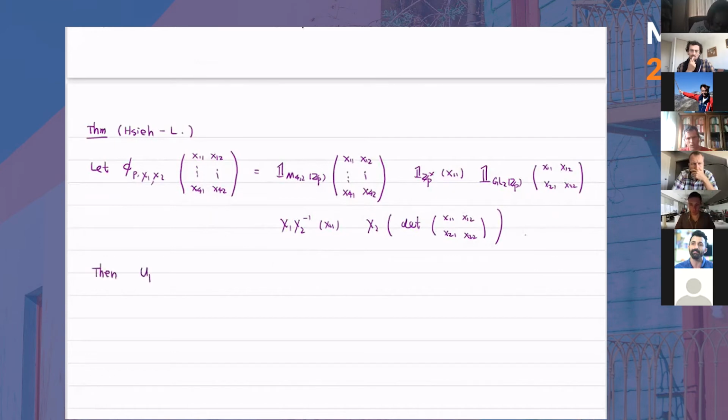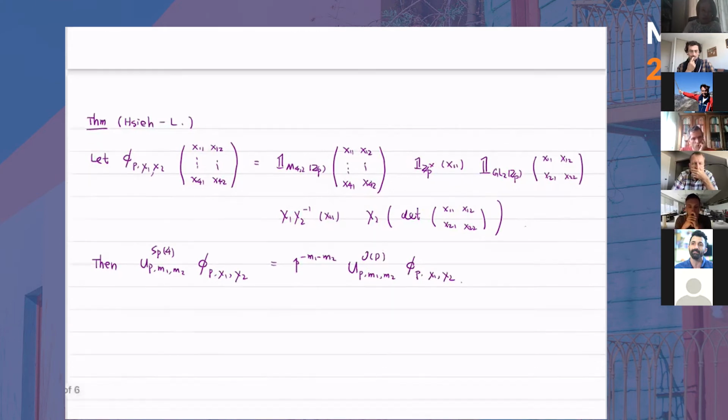If I have the U_p operator from the symplectic group acting on this Schwartz function, actually this is essentially the same as the action of the U_p operator from the orthogonal group. So we have this kind of an equivariance property for the action of the U_p operator.